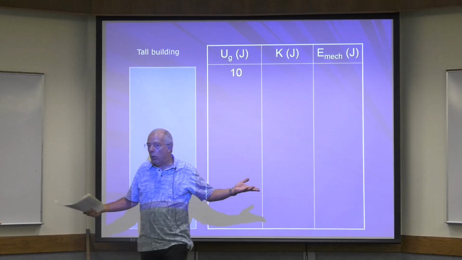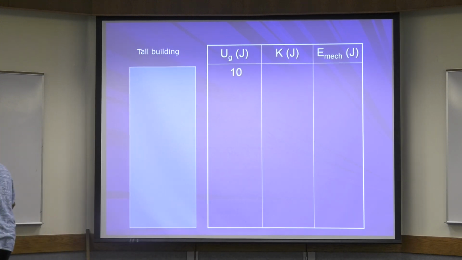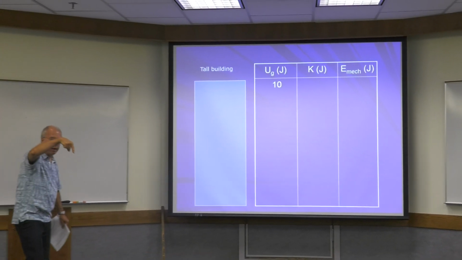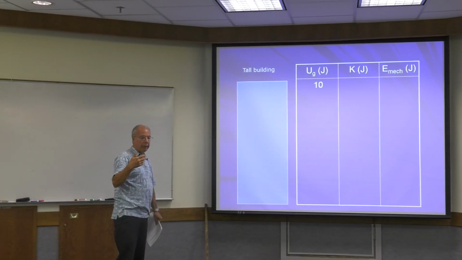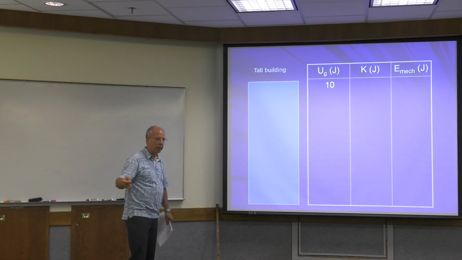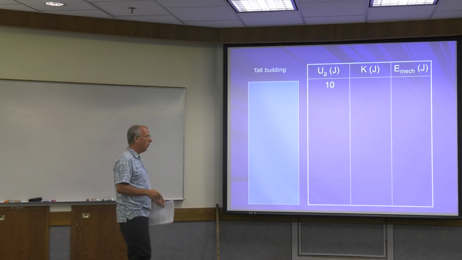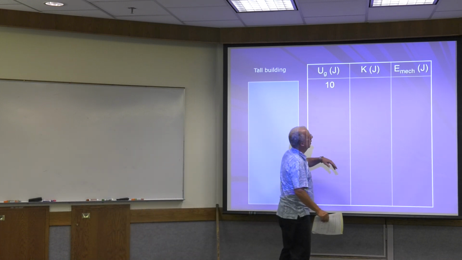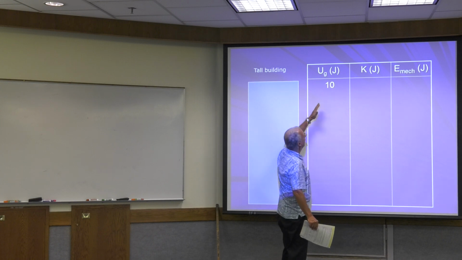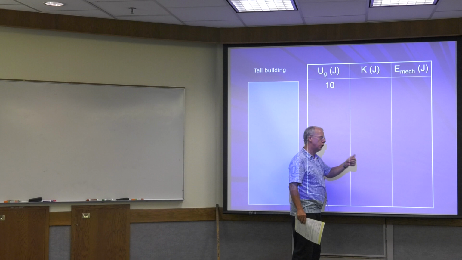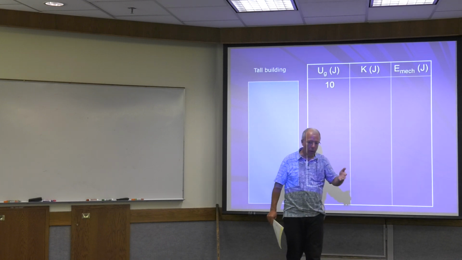Well, what happened to the other joule of energy? What do you think? If something is plowing through air, there's air resistance, and it gets converted to thermal energy, heat. So what I'm saying is, if we include air resistance, because it's a really tall building, then the 10 is going to become a 9, and the missing joule is going to be thermal energy.